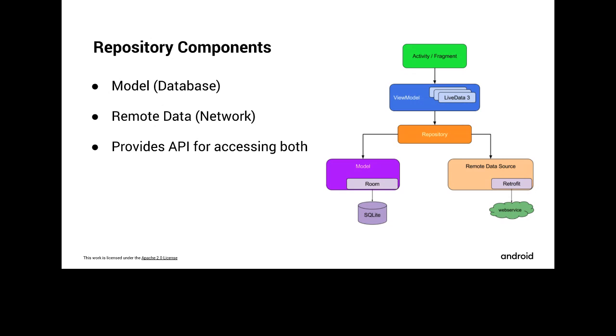Another way to think about this repository layer is it's a layer to make the stuff that goes on at the database level and at the web service level transparent. Your app, your view model shouldn't really care about the database that it's working with, and it shouldn't care anything about the web services that it's accessing.